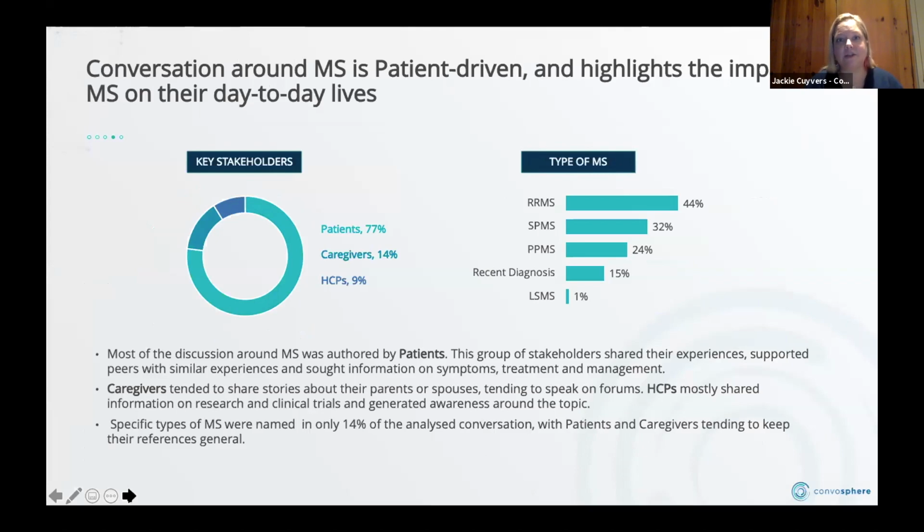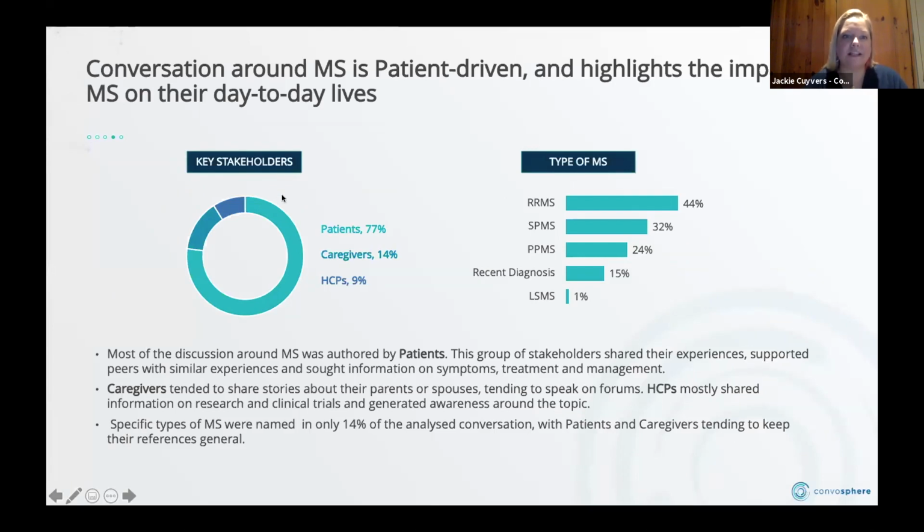So conversations around MS are very patient-driven. It's a chronic disease. The people who have this often have it for quite some time, and they have a large presence and are very vocal across online channels like forums, websites, groups, and social media like Facebook groups and Twitter, as well as non-patient focused forums like Reddit.